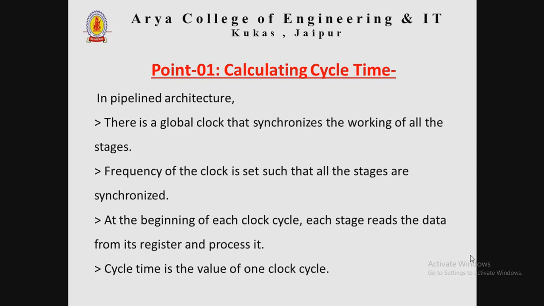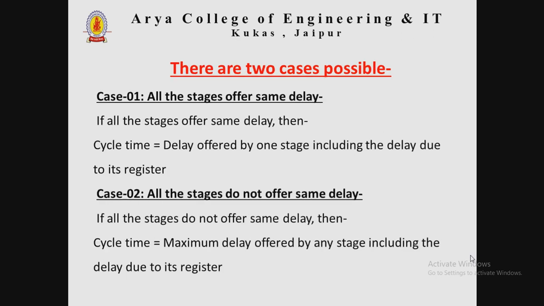There are two cases possible. In the first case, all the stages offer the same delay. Then the cycle time is calculated as the delay offered by one stage including the delay due to its register.